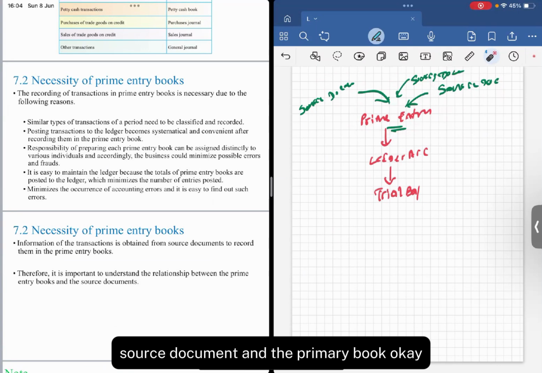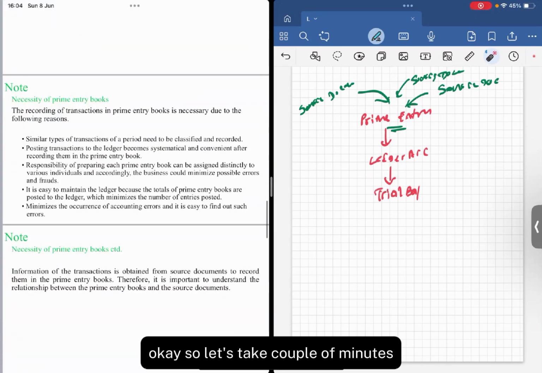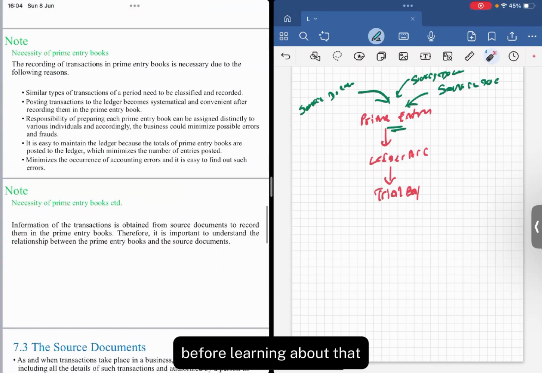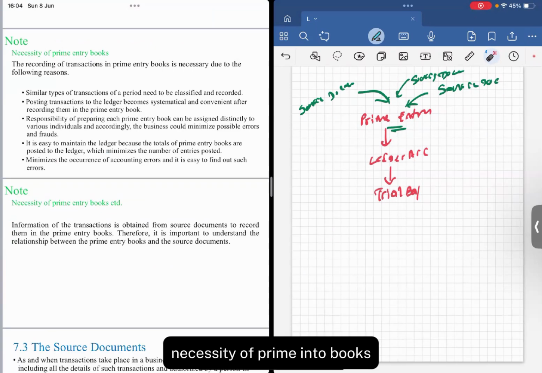We will be learning about that as well. So let's take a couple of minutes before learning about that. Let's take a couple of minutes and write down the necessity of prime entry books.